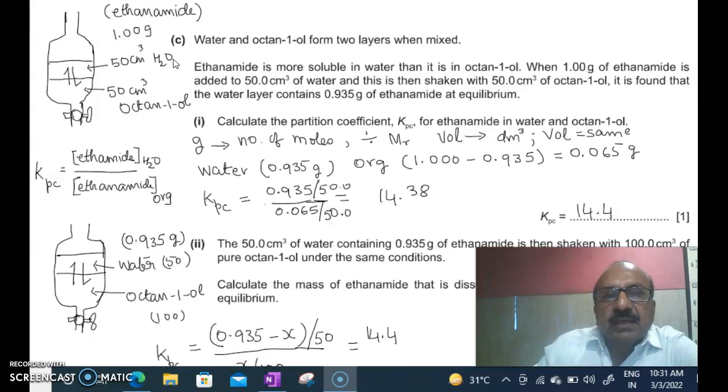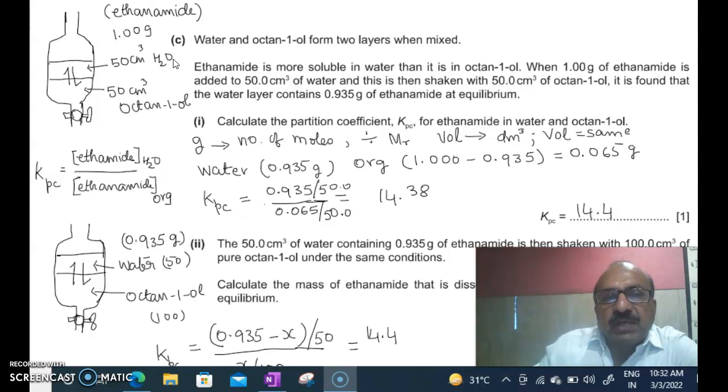So see, this is 1 gram of ethanamide which was mixed in 50 cm³ of water, and then 50 cm³ of octane-1-ol was added to it. I've shown it as a lower layer considering that it is denser than water, and then they are shaken so that some of the ethanamide from the water layer would go into the layer of octane-1-ol because ethanamide is miscible in both the liquids.